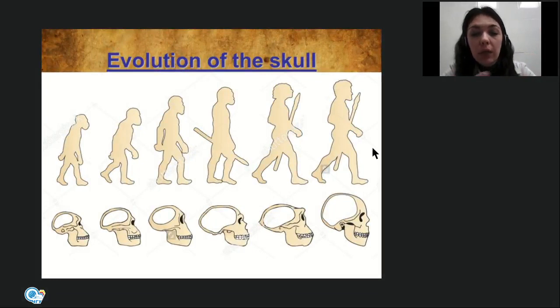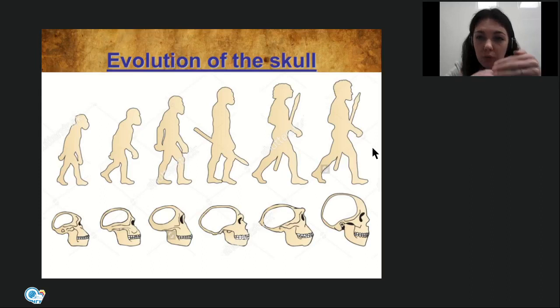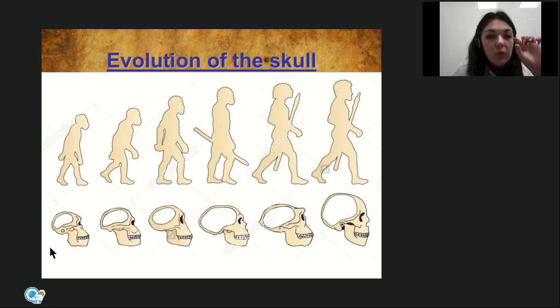So what can we say about the structure of the human skull? With evolution, and you know that evolution lasts for many years, thousands, millions of years, the human skull underwent some changes. If we compare the skull of our ancestors with the skull of modern human, Homo sapiens, we can see that the size of the neurocranium increased significantly, whereas the size of the viscerocranium, on the contrary, decreased, because the brain increased in size.